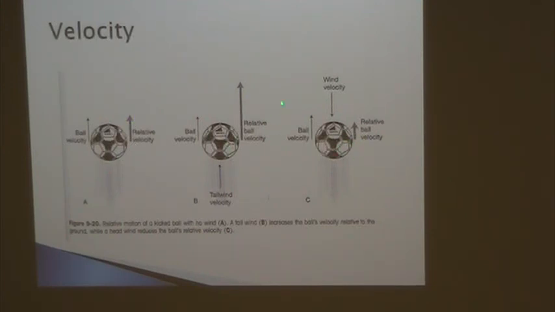Now, this right here helps to explain why in track and field, what is the limit? Is it 2 meters per second? 2 miles per hour? I forget what it is. Is it 2 meters per second?